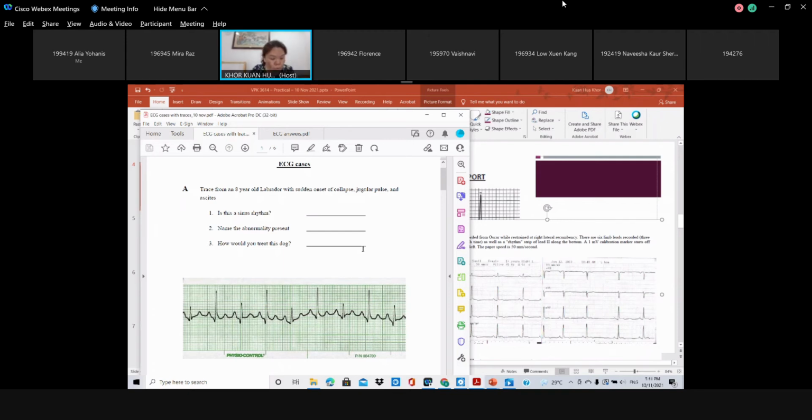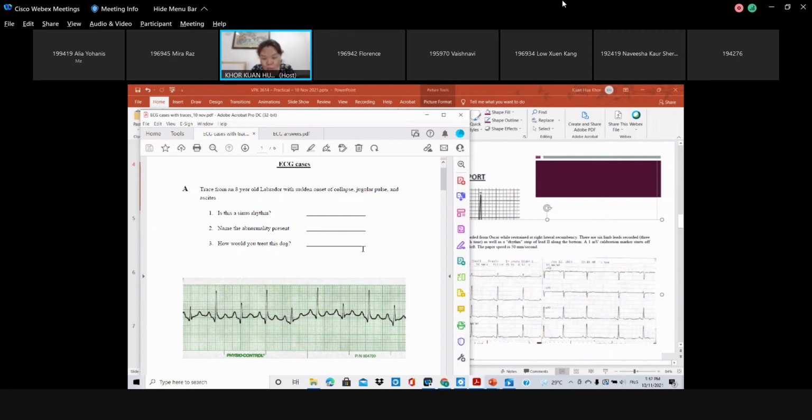So, group 13. What do you think? Is this a sinus rhythm? Okay, I got a problem. I don't know who is in group 13. Lai, tell me who are you? Group 13.